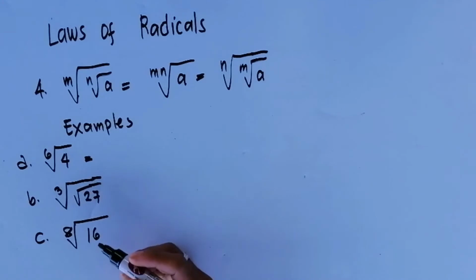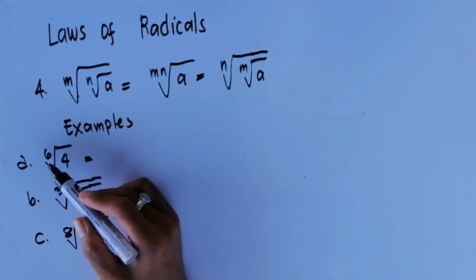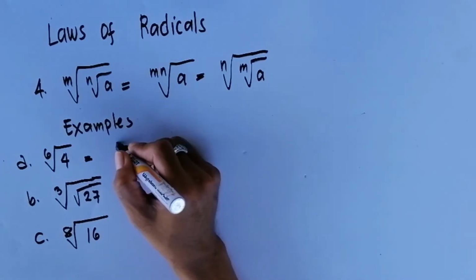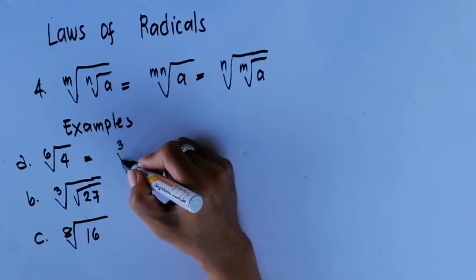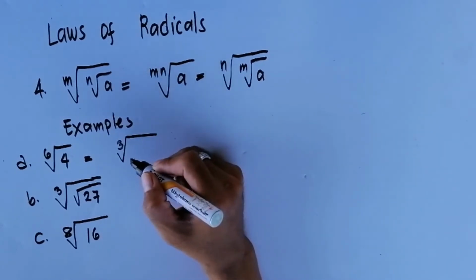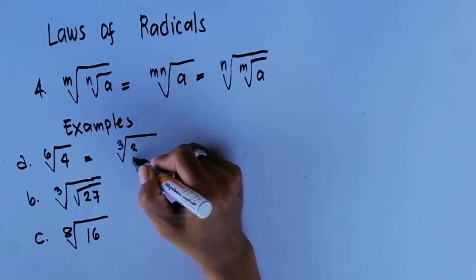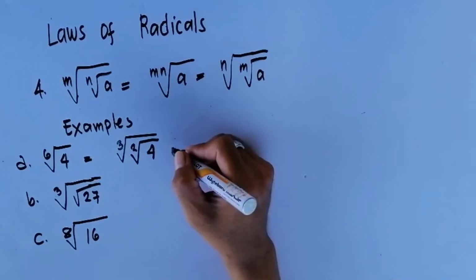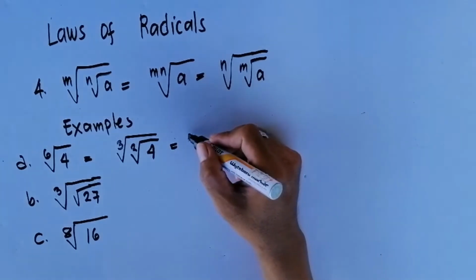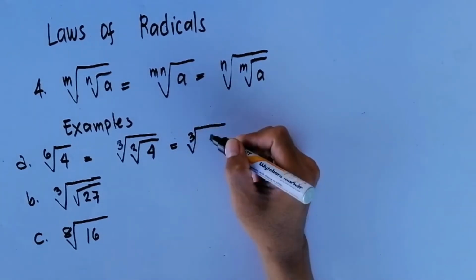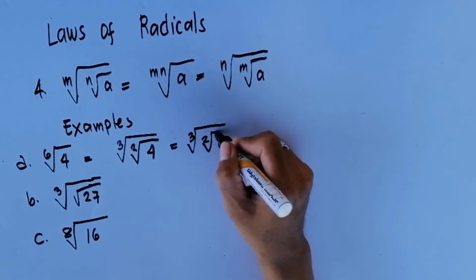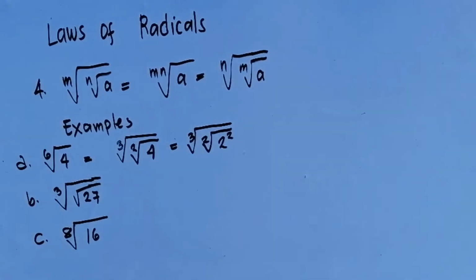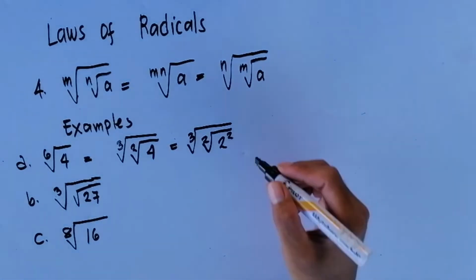We have the 6th root of 4, so we can write this 6 as the cube root of the square root of 4, or that is the cube root of the square root of 2 raised to 2.